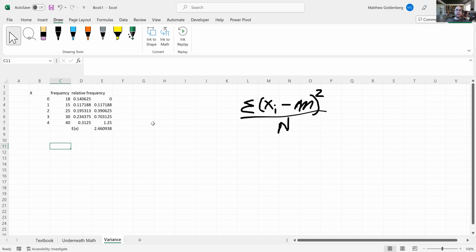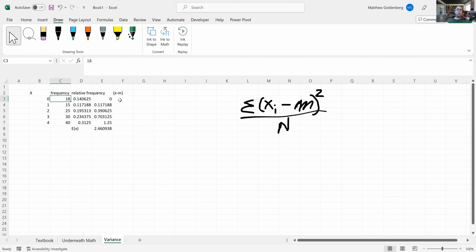First, we need to take the distance of the observation or its outcome from its mean. We need to take its deviation. So X stands for outcome. Just like an outcome on an exam is, you know, getting an F. A 0 stands for getting an F. And we happen to have 18 of them.